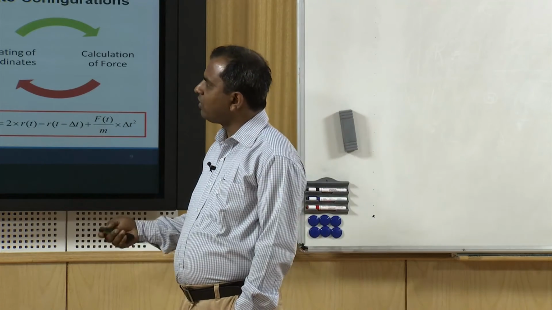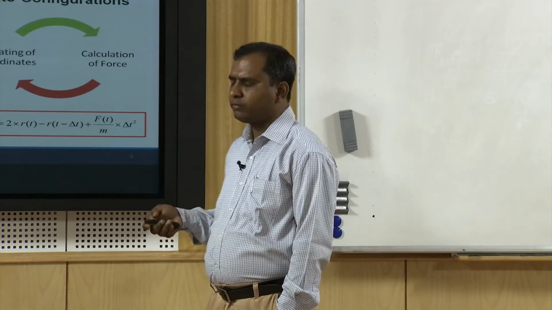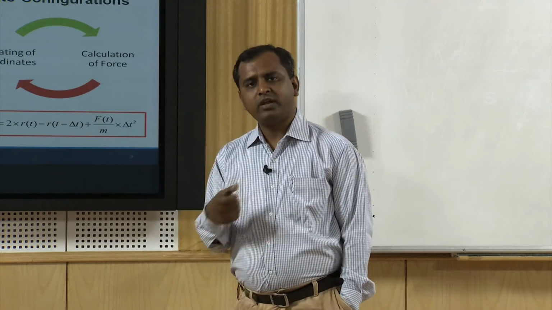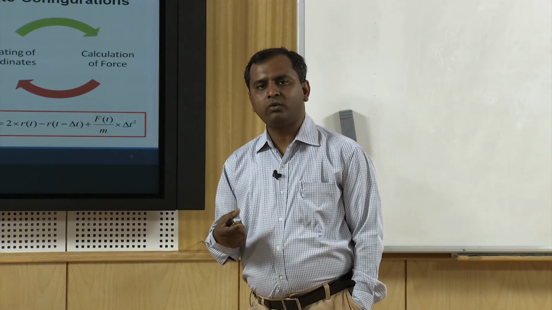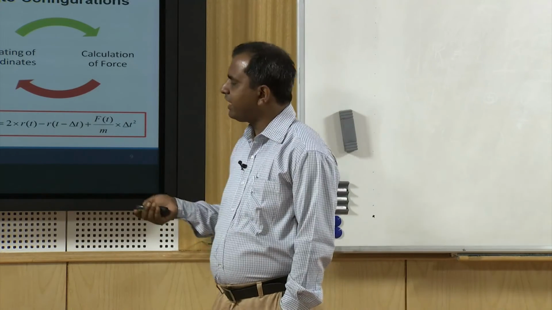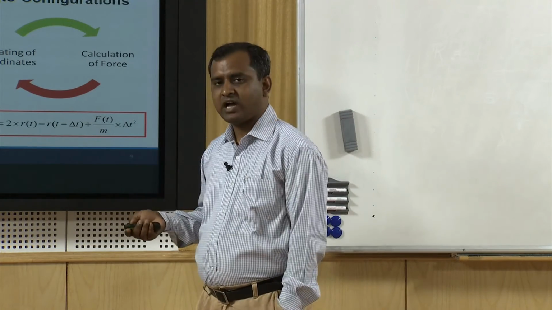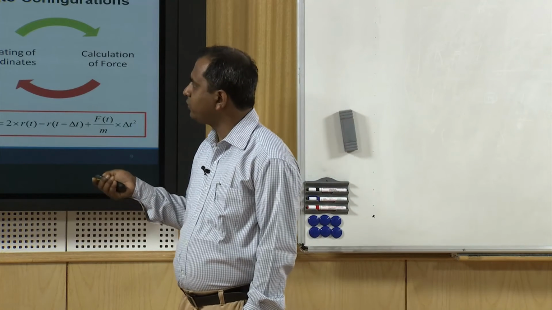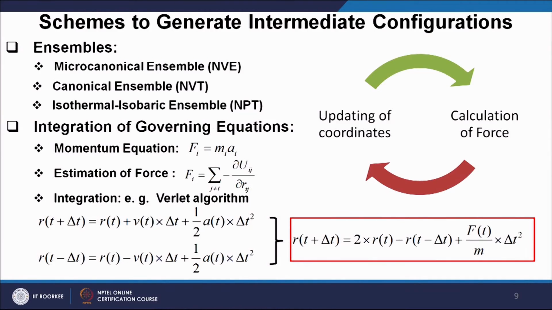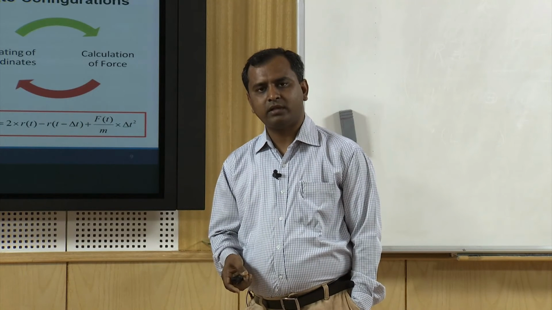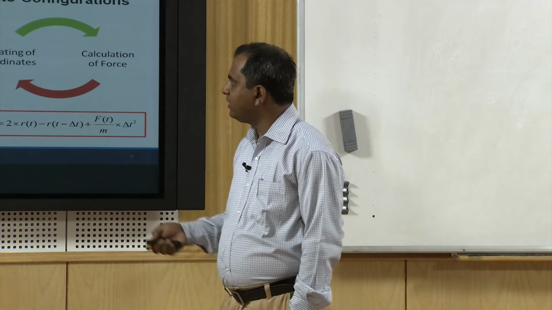Next, if we see the governing equation, we know that for particulate or molecular nature, it always boils down to Newton's second law. So, if we write down Newton's second law for molecule number i, it will be Fi, the force acting on the molecule, equals the mass of the molecule multiplied by the acceleration of the molecule, okay. From the potentials we can calculate the force acting on it in this fashion.